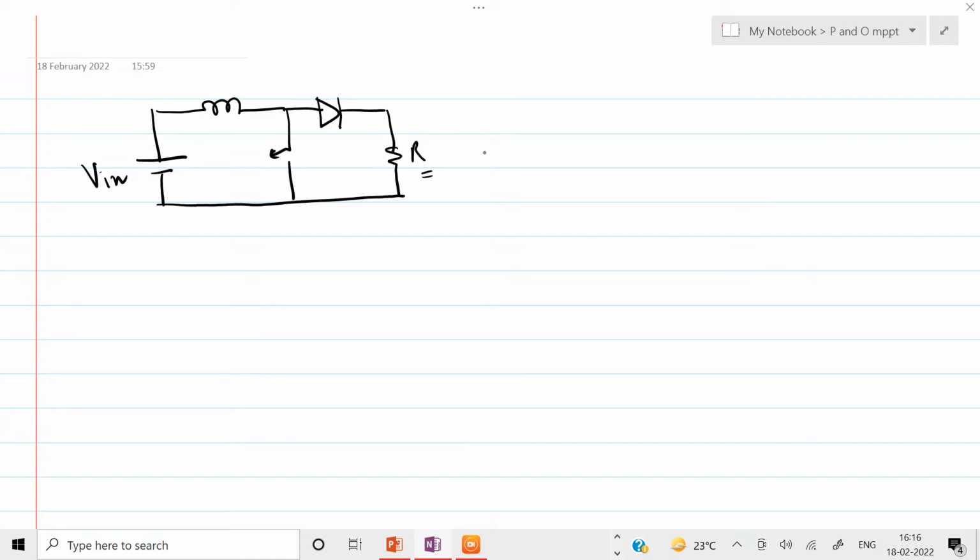I can take a very simplified circuit. Let me remove this inductor and this diode, just for the analysis which I would like to present to establish what should be the load that we need to take for a particular PV panel.